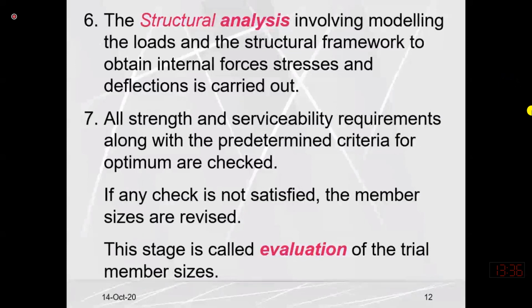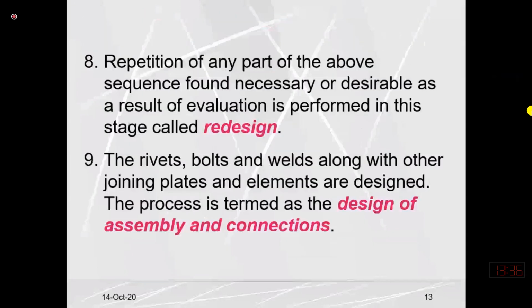After selecting this section, we calculate the load carrying capacity and maximum deflection, and then we compare the maximum deflection and the maximum stress produced in the structure against limits which are defined by the code or by the structural engineer. If all the checks are okay, then the structure will be final. If all the checks are not okay, we revise the design by selecting a heavier section.